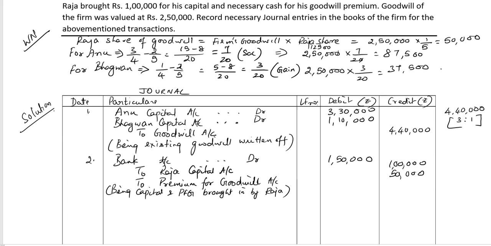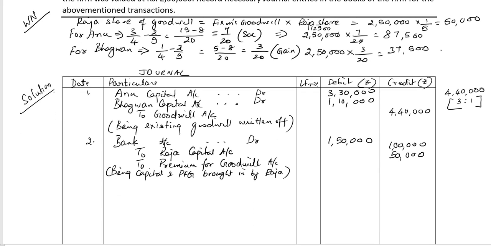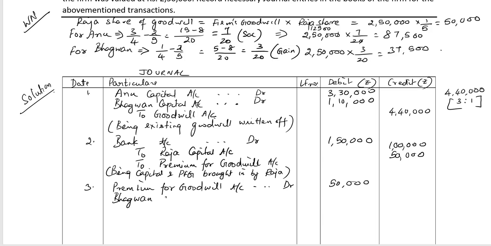So let's pass the journal entries. Premium for goodwill account debit, amount 50,000 rupees. We'll debit Bhagwan's capital account because Bhagwan gains.